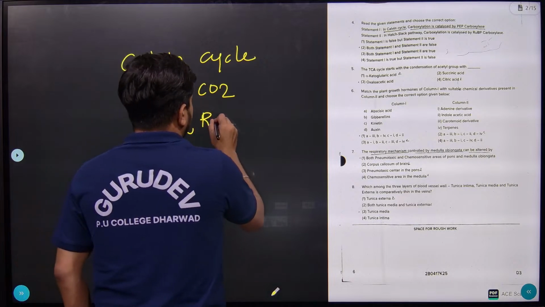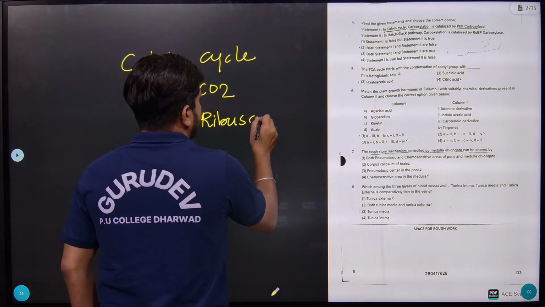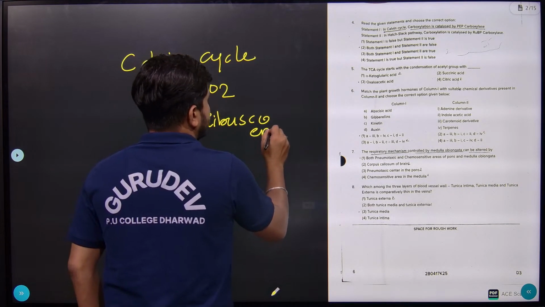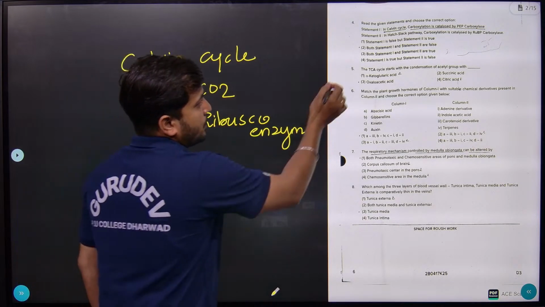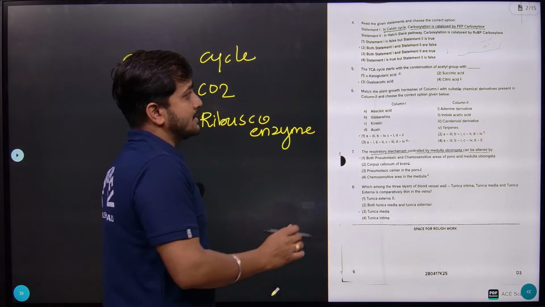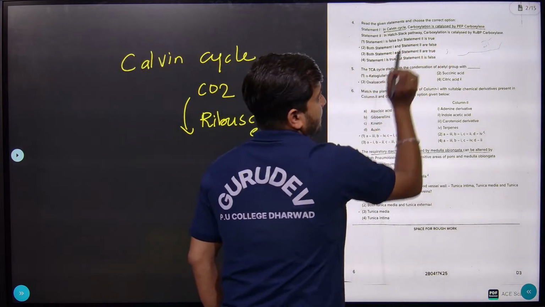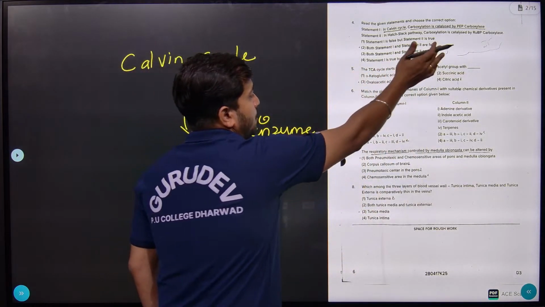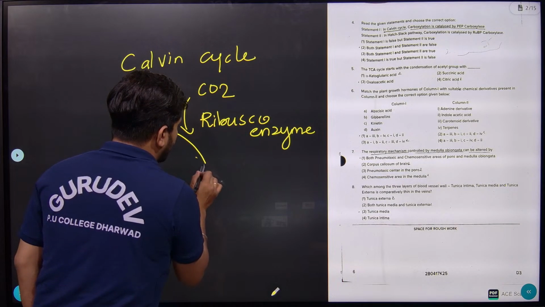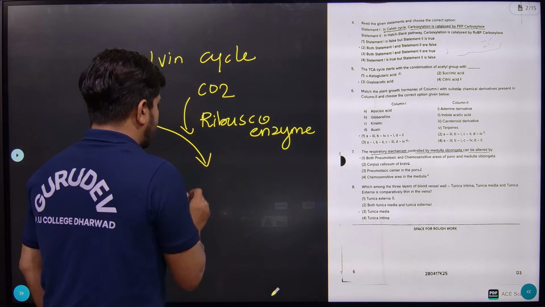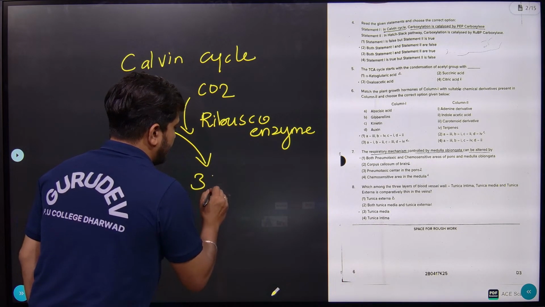The RuBisCO enzyme. RuBisCO itself is responsible for carrying out the carboxylation. In the statement on the Calvin cycle, what they have mentioned is PEP carboxylase. But RuBP carboxylase, or RuBisCO, is what catalyzes and forms the first primary product, that is 3-PGA.